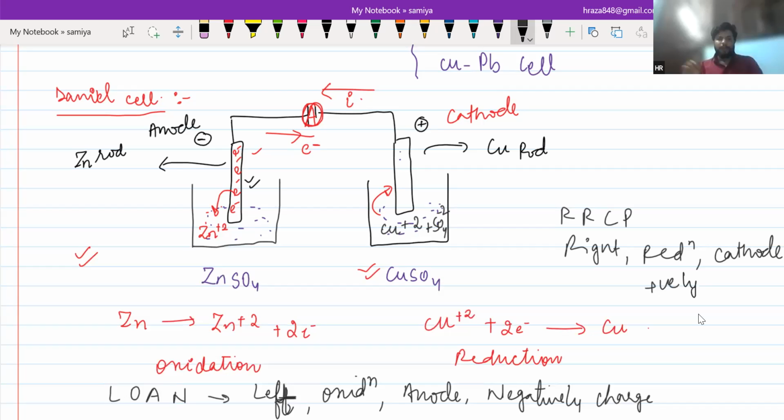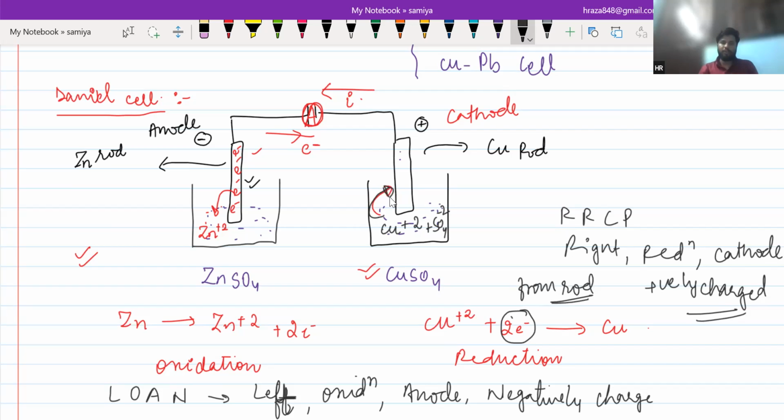Also, there is a question I want to ask: from where are these two electrons that copper plus 2 is gaining coming? Copper is gaining them from the rod. I already showed you the direction.